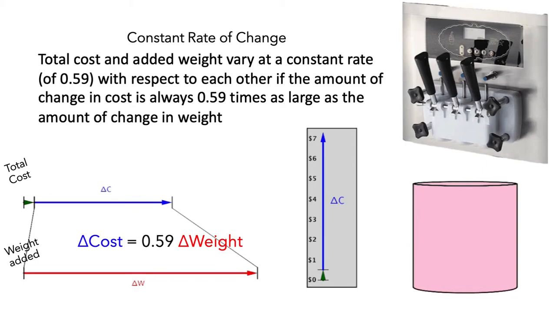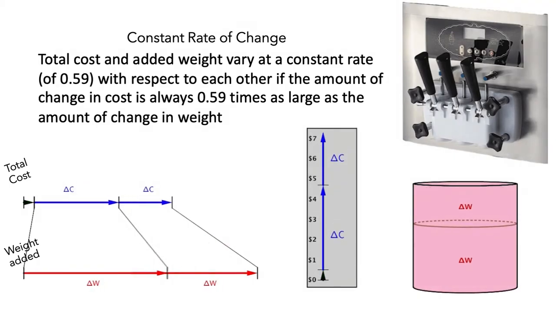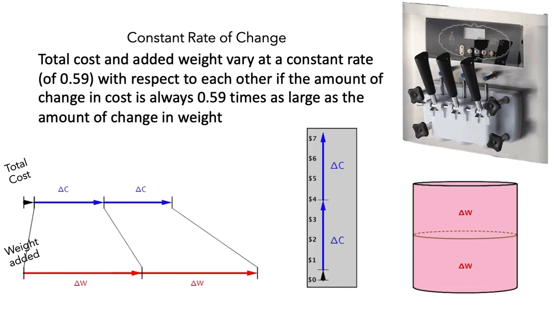We can also think about how this would work if instead of treating the added weight of frozen yogurt as a single large part, we split our weight into two equal sized parts. To make things a little easier to see, let's rotate the cost bar.